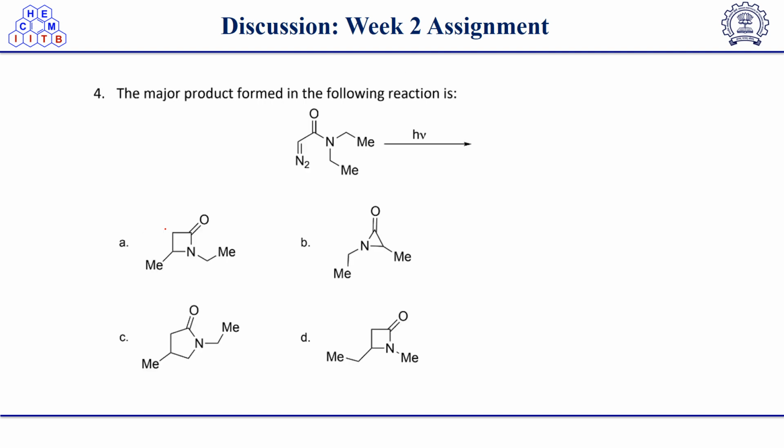Then the next question was this: the major product formed in the following reaction. Diazoketone upon photochemical condition, what will be the product with the starting material?